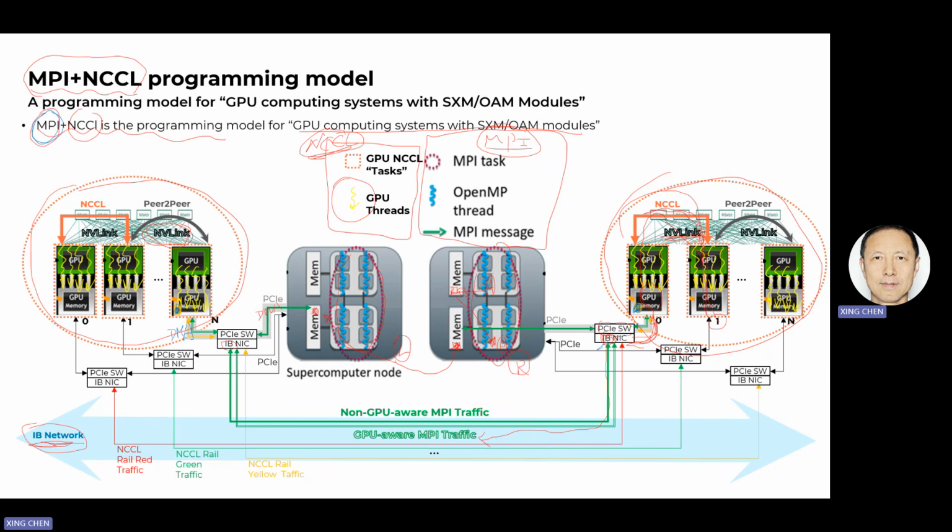But there is one point I need to point out, that NCCL doesn't work by itself. It depends on the MPI library to help it set up the communication infrastructure, to help it set up the communication environment. So that's the reason why the official documents from Nvidia and AMD clearly say that you have to use MPI and NCCL at the same time to deal with this kind of complex communication patterns.